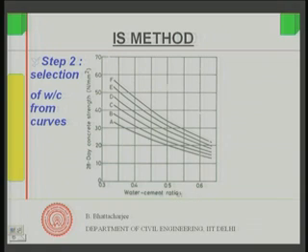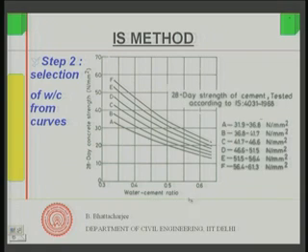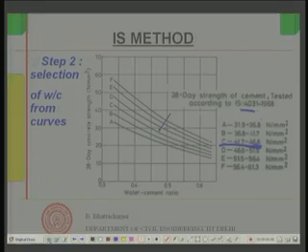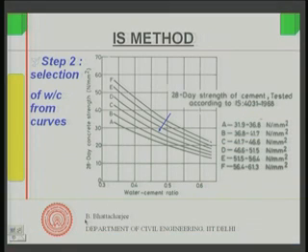If you remember, my cement strength I mentioned was 43 grade, so 28 days strength of cement would be 43 here, and this belongs to this, and therefore my curve would be C curve. So, therefore, I have selected C curve.